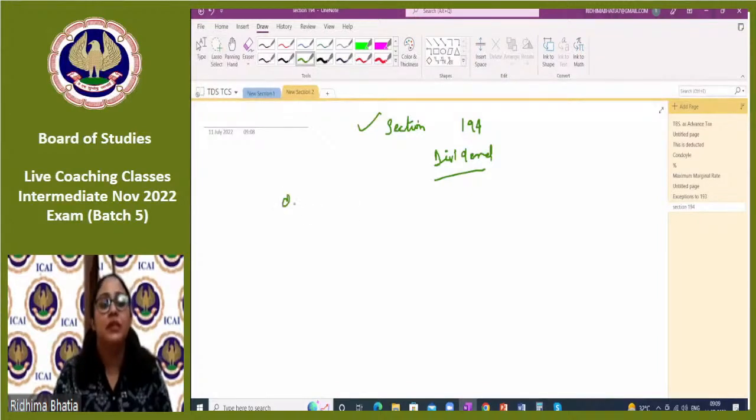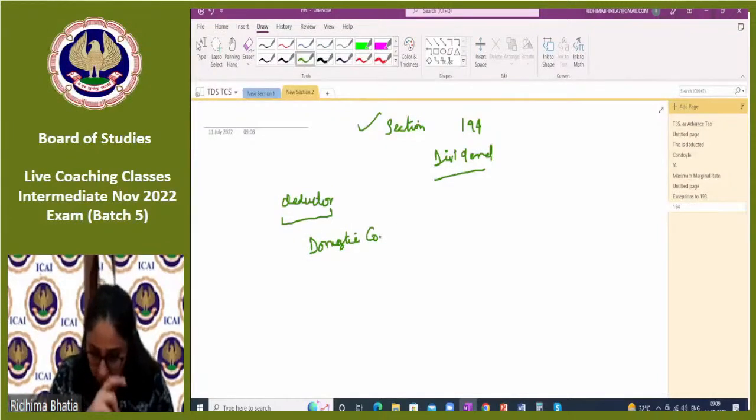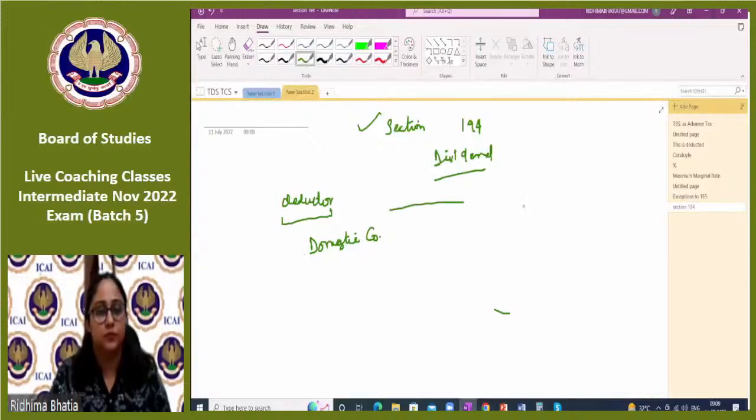Who will deduct the TDS? Deductor. But who is the deductor? Domestic company. Please write here domestic company. We're not talking about your foreign companies, only domestic company. Who would be the deductee? Resident person.